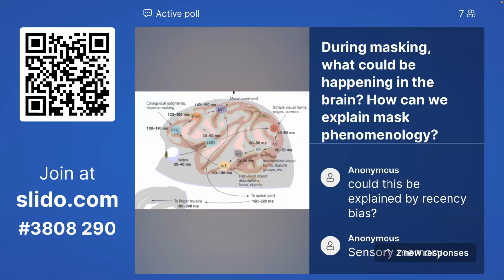Yeah, you might have heard of this primacy and recency bias, but these are kind of contradictory terms, right? This is the thing that I don't like about psychological explanation. The recency bias means that the later thing is more emphasized, and that's backward masking. And the primacy bias is that the first thing is emphasized. That's forward masking. But what determines which one operates?